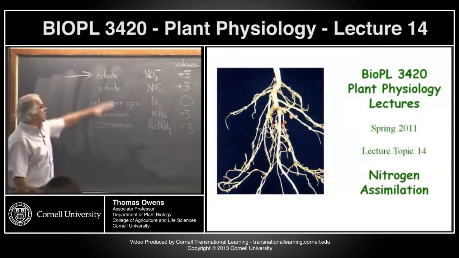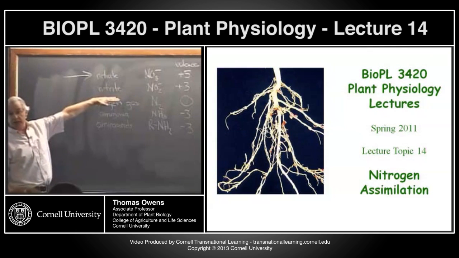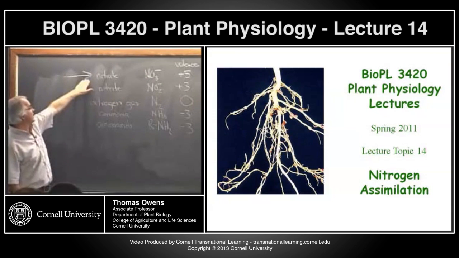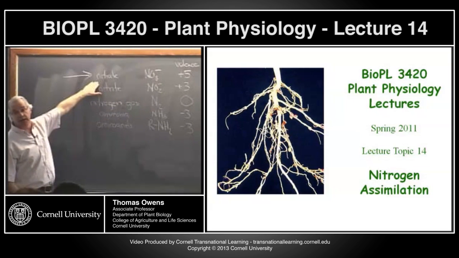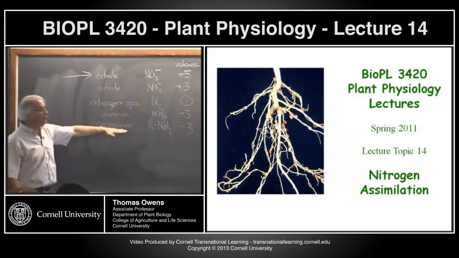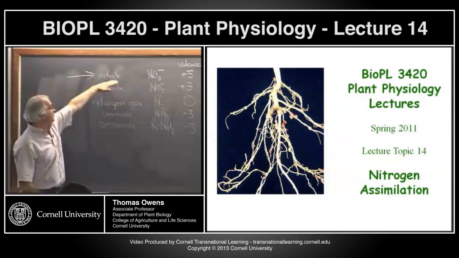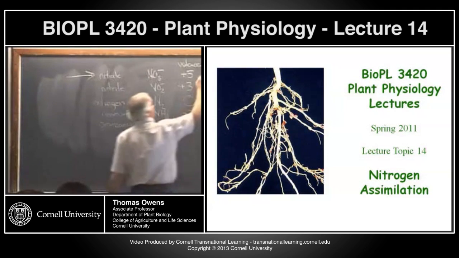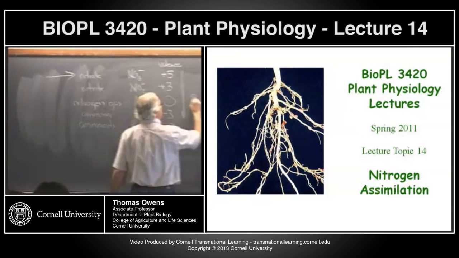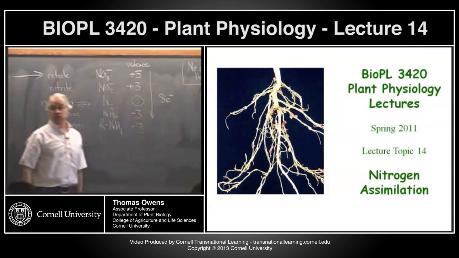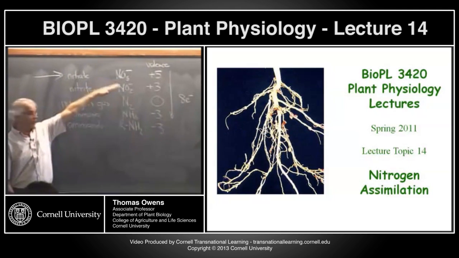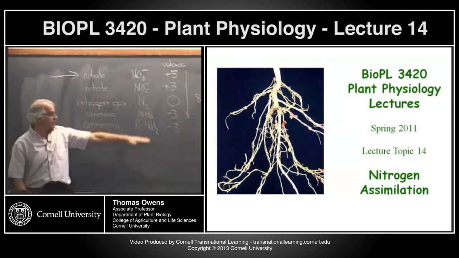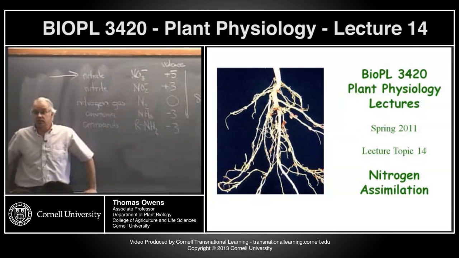But the reason I'm talking about these different valences is for you to recognize that if the plants are taking nitrate up from the soil, before they can incorporate it into organic compounds, they have to reduce the nitrate to the level of ammonia. So there is an 8-electron reduction involved in converting nitrate to ammonia before it can be incorporated into organic acids.